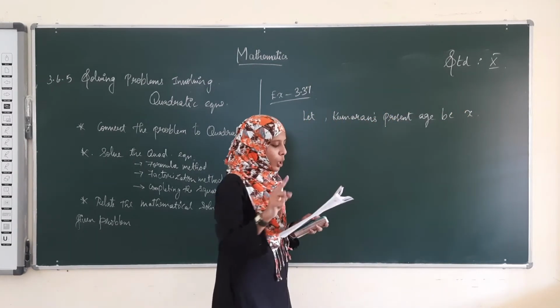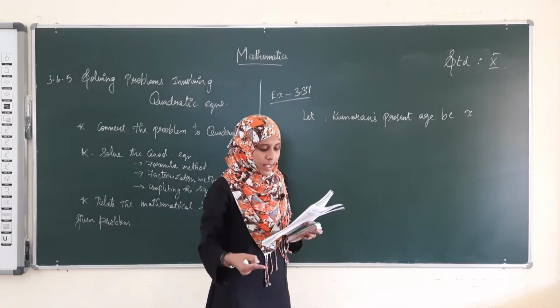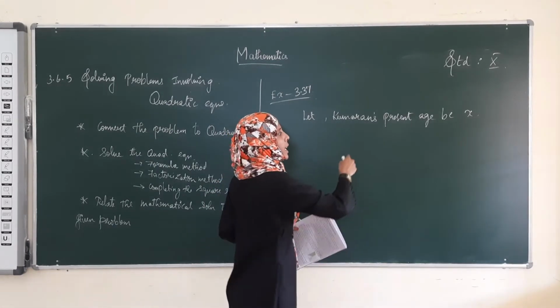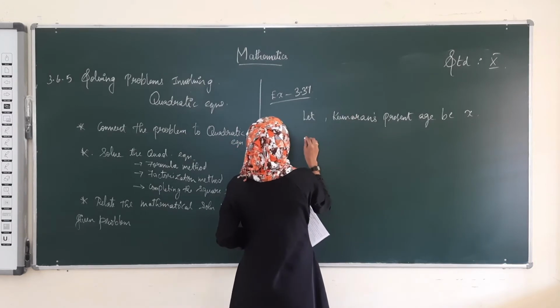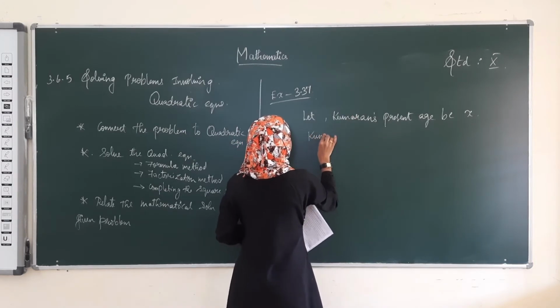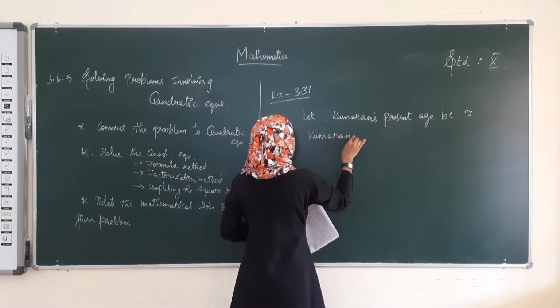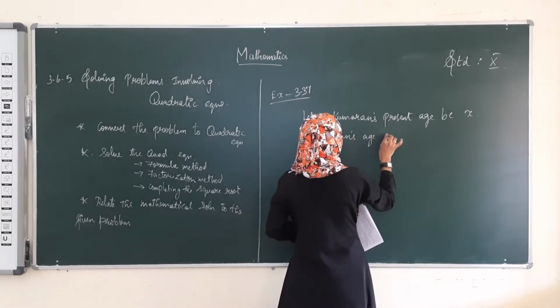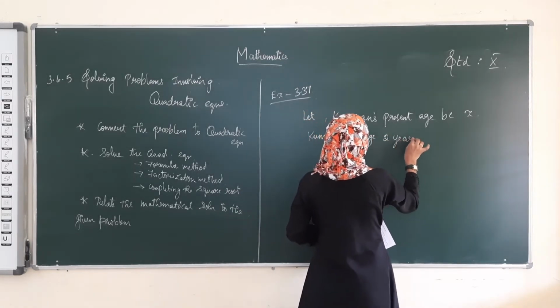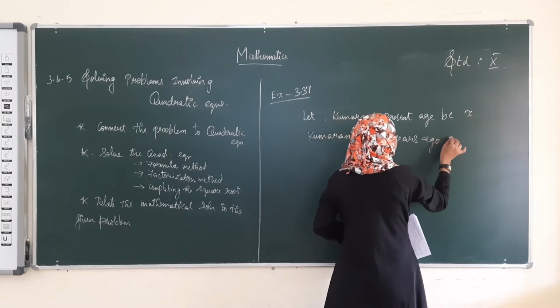The product of Kumaran's age 2 years ago: what is his age 2 years ago? Kumaran's age two years ago is x minus 2, right?